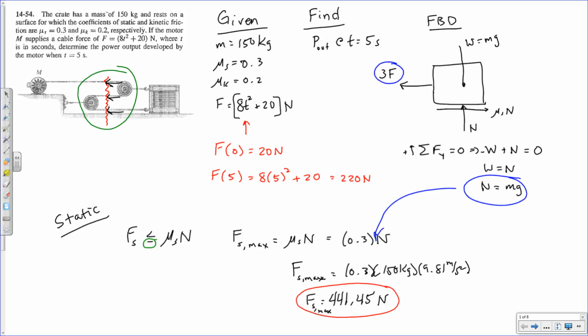This force that we're pulling to the left, according to our free body diagram, is a function of time. It's 3 times 8t squared plus 20. So the first question we want to ask ourselves is, at what moment in time will this pulling force from the motor surpass this maximum static friction force? At that moment, any additional force beyond that will cause the crate to start moving to the left.